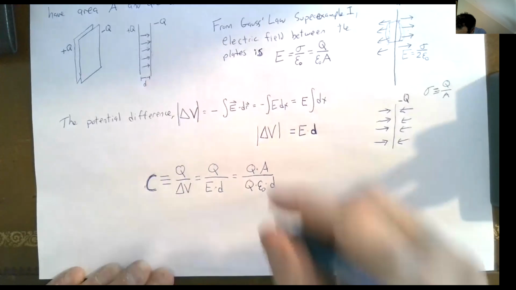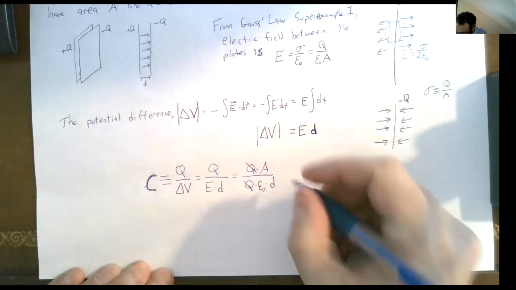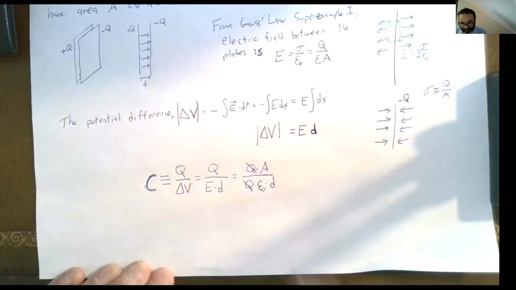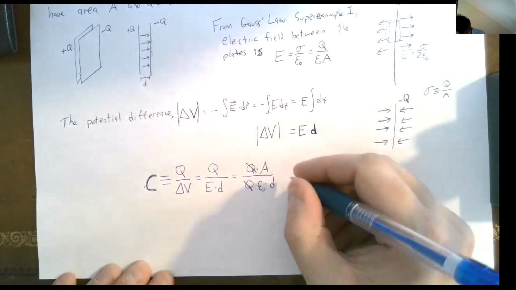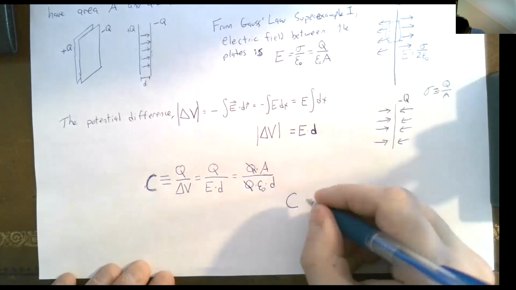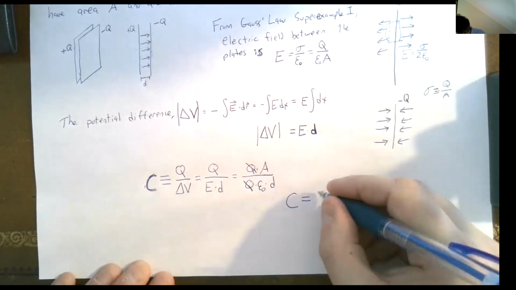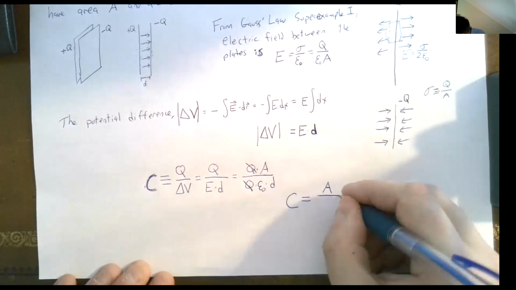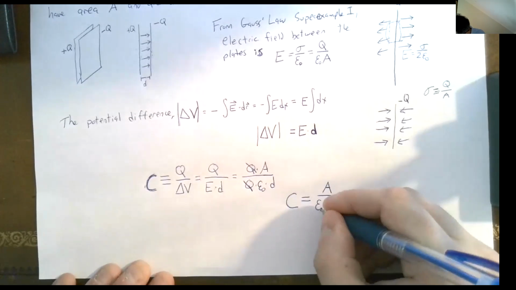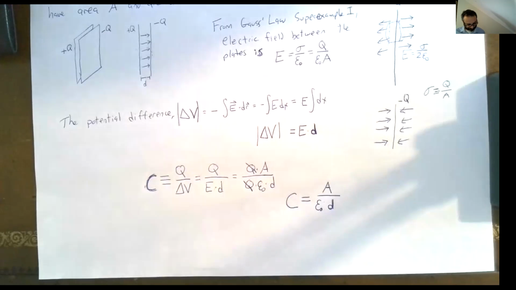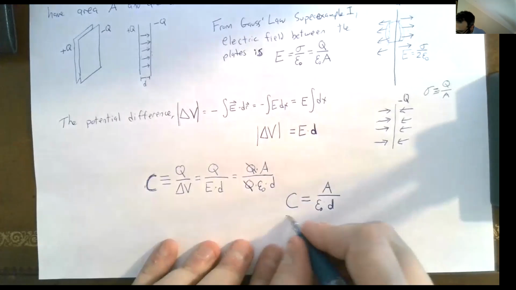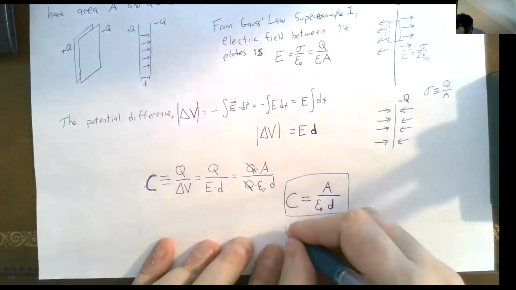My Q's cancel out, which is good because we expect the capacitance not to depend on how much charge is on there. So capacitance is equal to the area of the capacitor divided by the constant epsilon naught times the distance between the two. And this is the equation for a parallel plate capacitor.